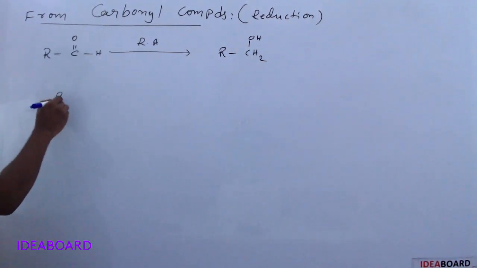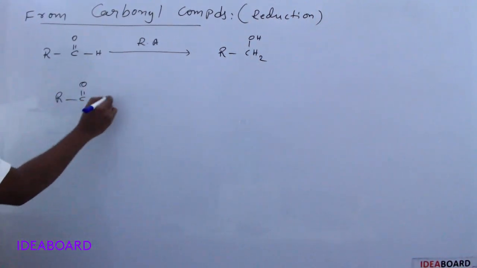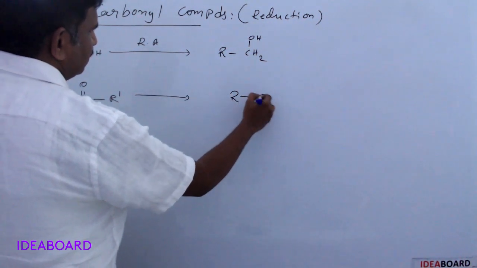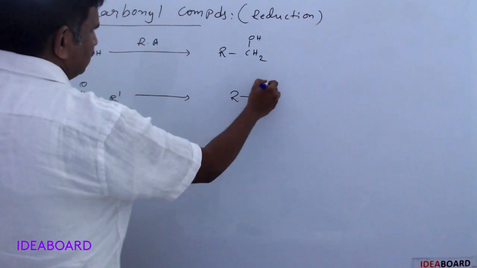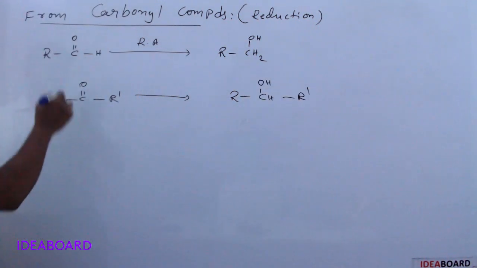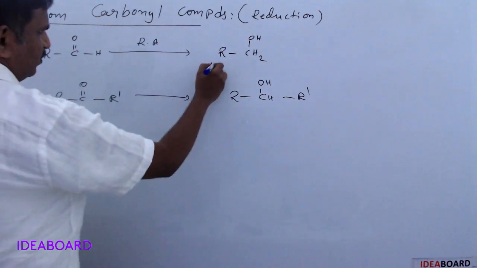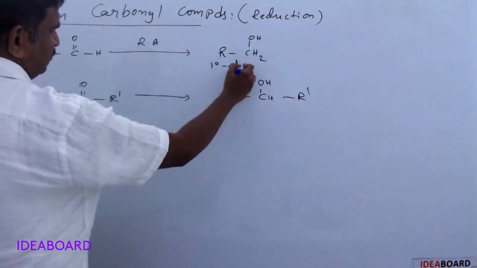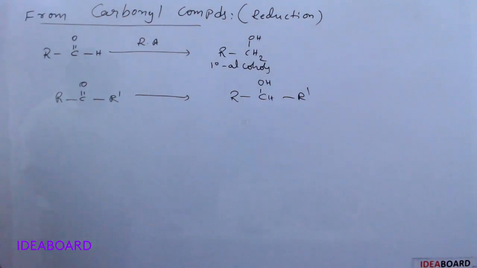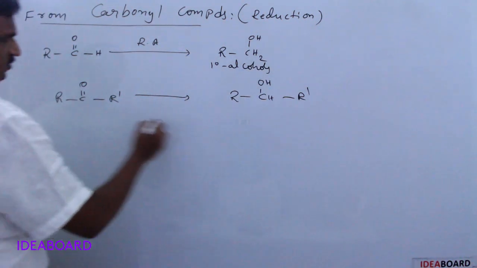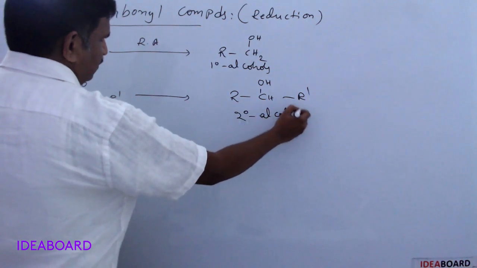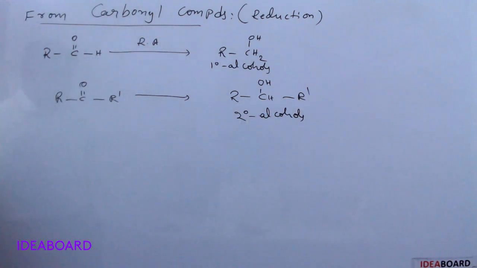If you are taking the ketones, RC double bond O R dash, then it will be converted to RCH(OH)R dash. So aldehydes are converted to primary alcohols, and ketones are converted to secondary alcohols.